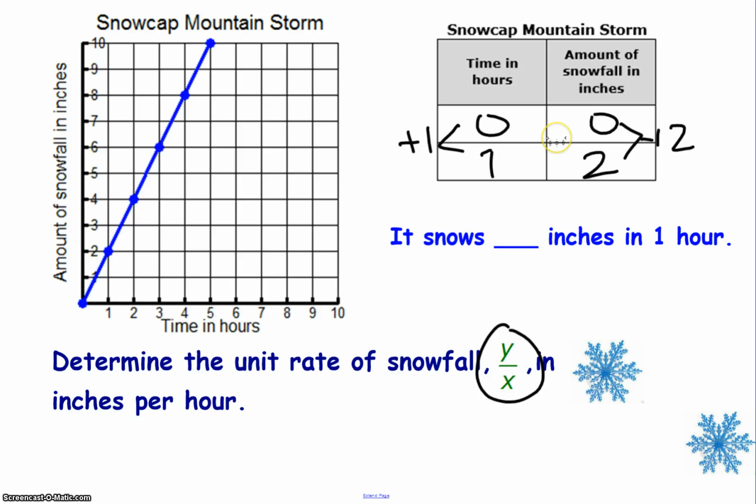So I don't care which one you use, but make sure you circle it or you highlight it. Can we use 0, 0? No. So you need to make sure that you highlight one that actually has numbers in the x and y position.